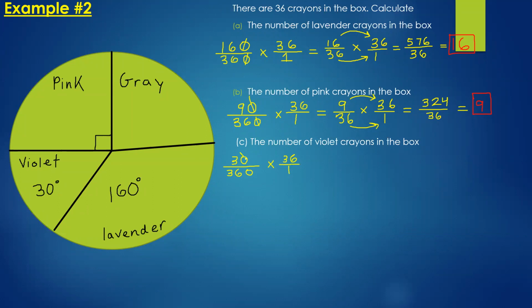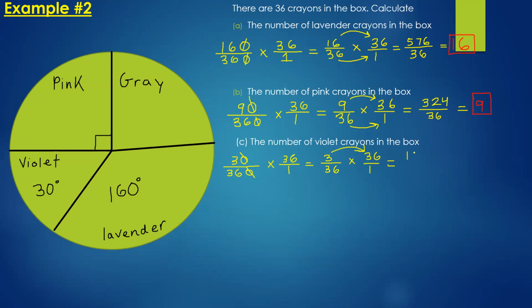We cancel out the zeros. So we are left with 3 over 36 multiplied by 36 over 1. 3 times 36 is what? 108.